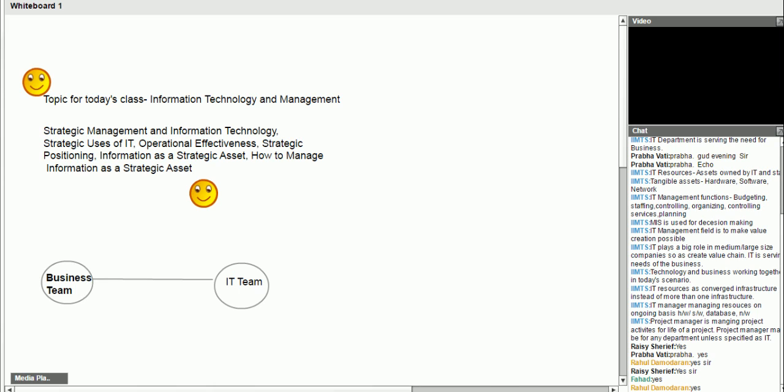The business team interacts with the IT team with the business requirement which has to be incorporated into the IT system.